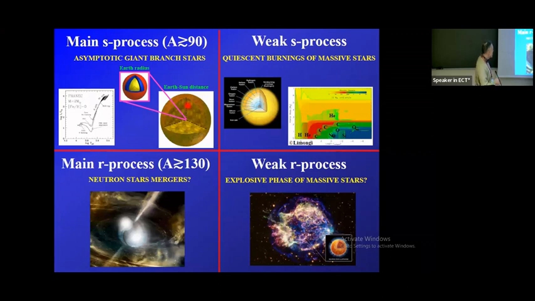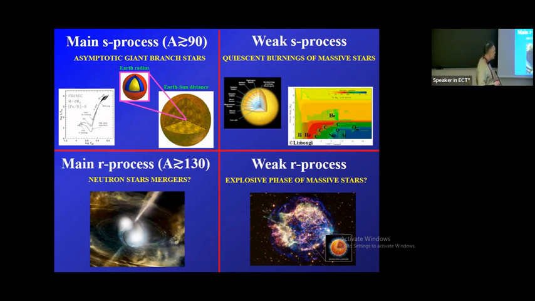On the other hand, the situation of the R process is even more difficult, because there are various possibilities to attain a full R process nucleosynthesis or a partial R process nucleosynthesis, depending on the availability of neutrons in your environment.